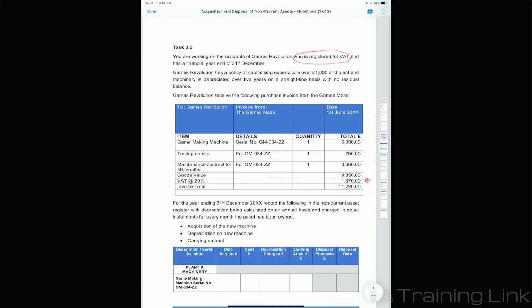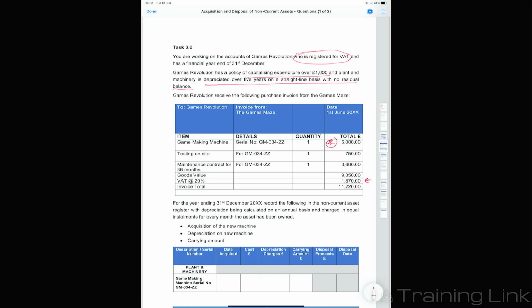So a residual balance is the value of the asset we expect it to be worth at the end of its useful life. Okay, so in this case, at the end of 5 years, what we're saying is this game making machine will have a zero value.